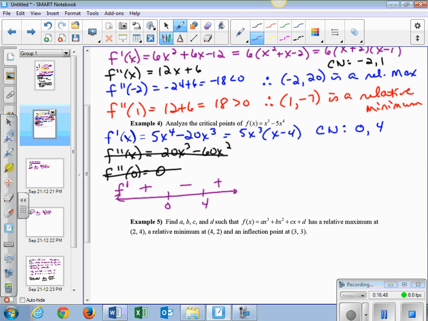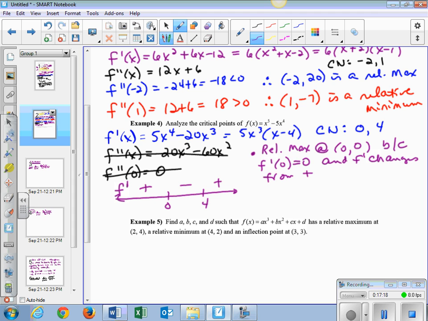So you remember how we have to put all of our justification. So let's put our justification for this just to practice, because some of you got a little sloppy on your test. I have a relative max at, if x is 0, plug 0 back into the original, so y is 0, because you have to state that f prime of 0 is equal to 0, and f prime changes from positive to negative at x equal to 0.